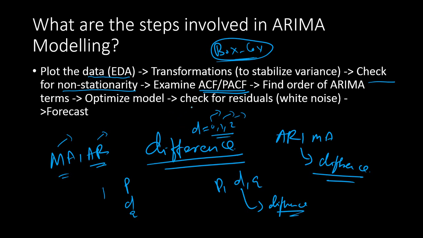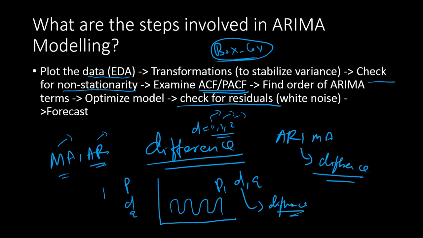All right, the next step is to check the residuals. Even if the model is able to provide good accuracy, how do we ensure that this is the optimum model? Can it be made better? That you know by plotting the residuals. The residuals should be white noise.